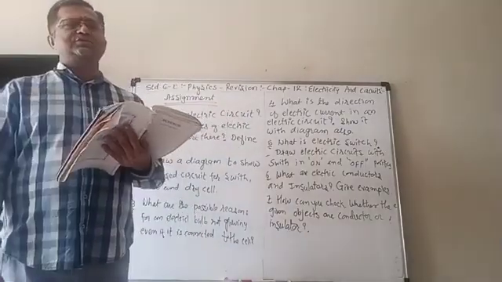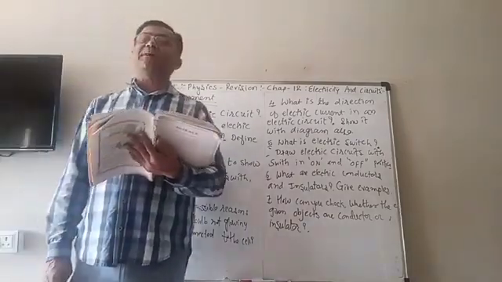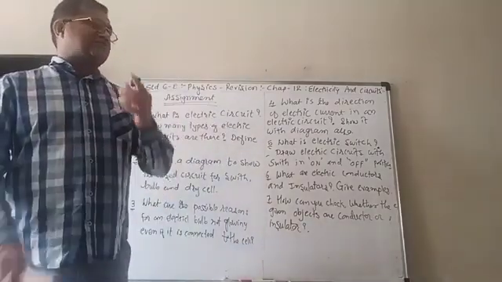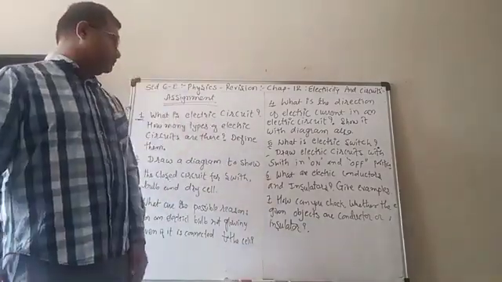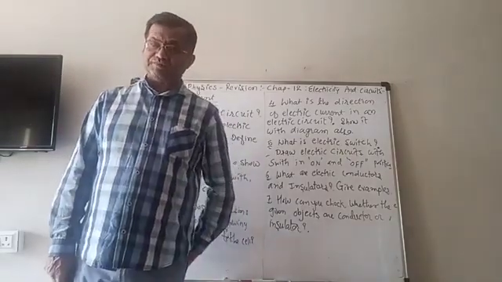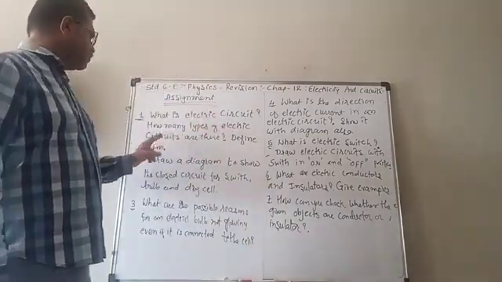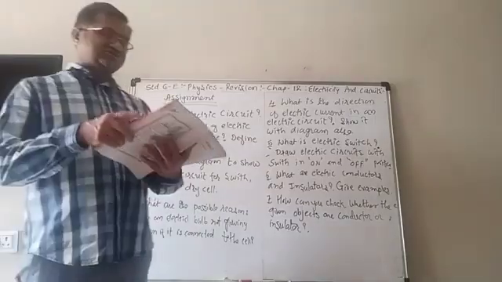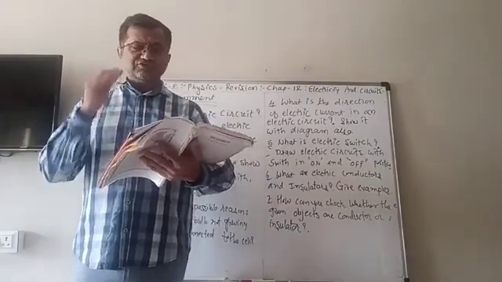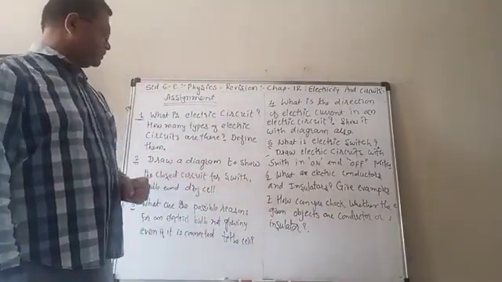If the circuit is properly joined, then the current will pass. There are two types of electric circuits we have to learn about: the open circuit and the closed circuit. We will talk about it later, but first we will see what the direction of electric current is.